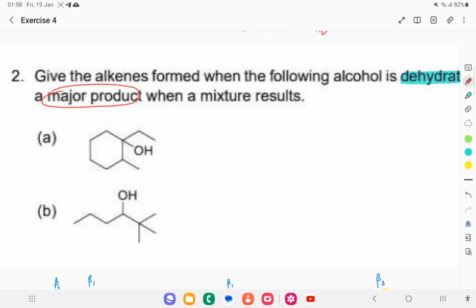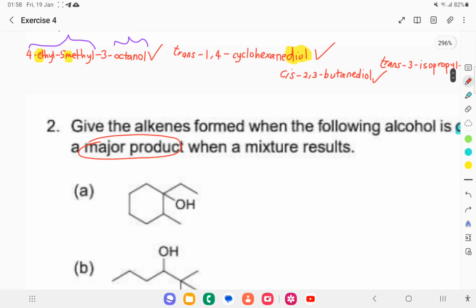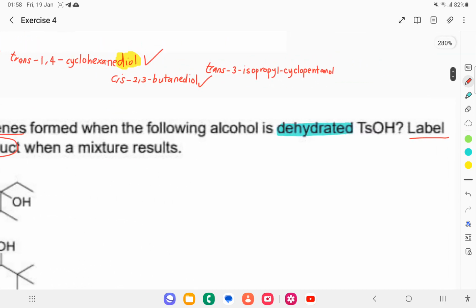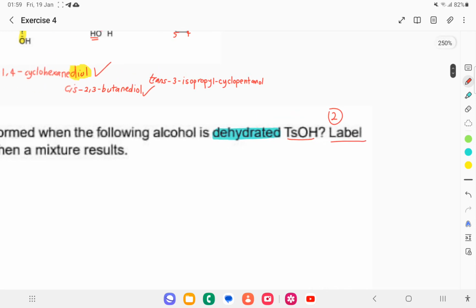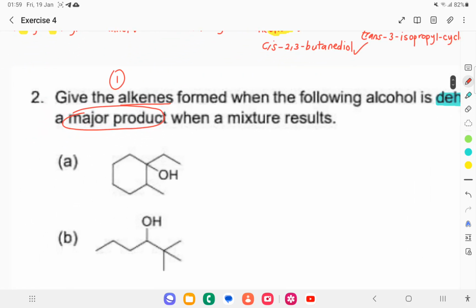The major product is predicted by using the Zaitsev rule or Saytzeff rule when a mixture results. So there are two things that the question wants from you. The first is you must provide the alkenes formed when the alcohol reacts with TsOH, and the second thing is you must label which one is the major product. So we look at question A first.